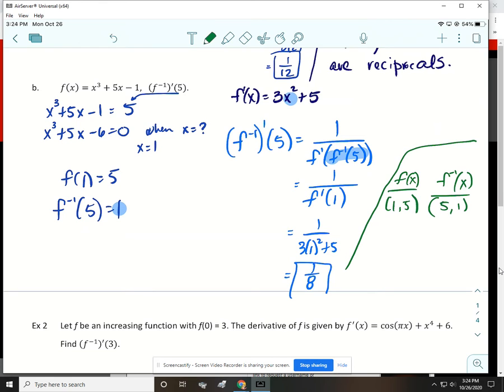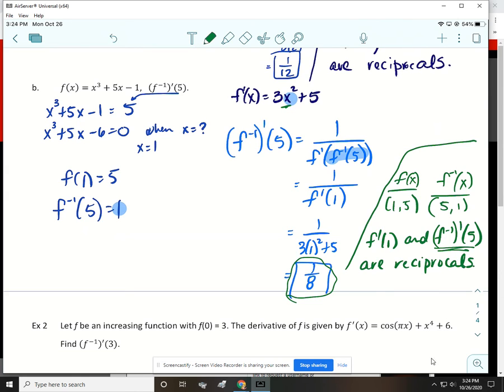So that means that f prime of 1 and f inverse prime of 5 are reciprocals. So if I put 1 in here, I do get 8. And I already did the whole problem for f inverse prime of 5, and I got 1/8. That all checks out.